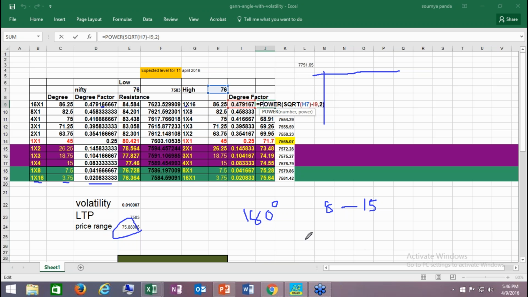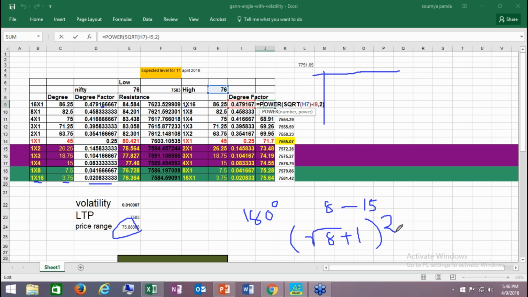How has it come? He has taken the square root of 8, added the 180 degree factor which is 1, and taken the whole square. This is how the number residing 180 degree above that number is calculated.